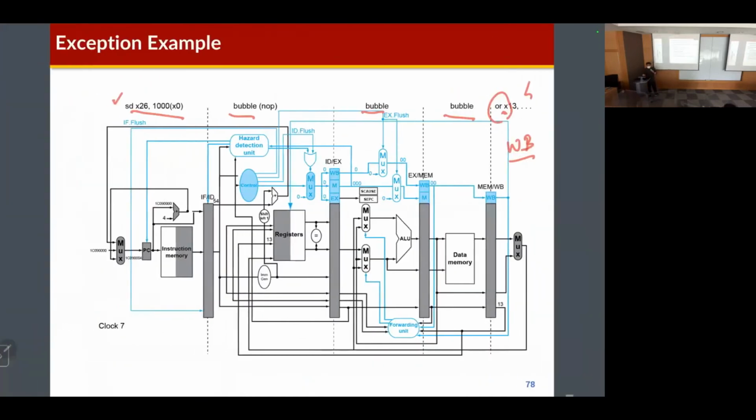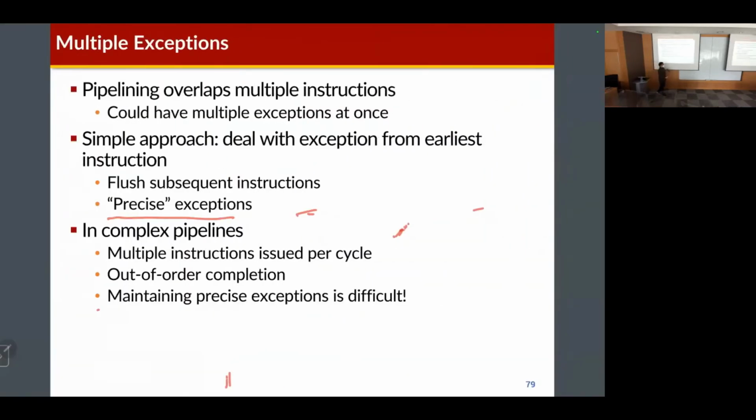So we are learning about the pipelining architecture like this. And this pipelining architecture is called static pipelining, which means that the instructions are executed in order, not out of order. So these instructions are executed sequentially. The execution order is in order. But modern processors support out-of-order processing, which means that it's not easy to support precise exceptions.